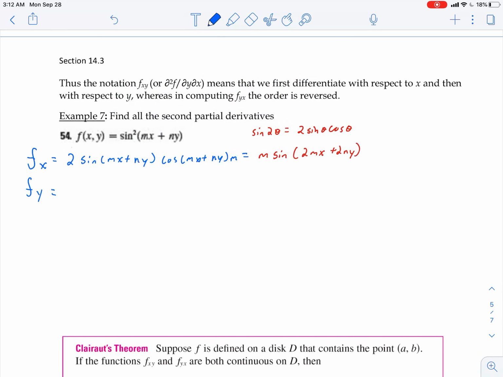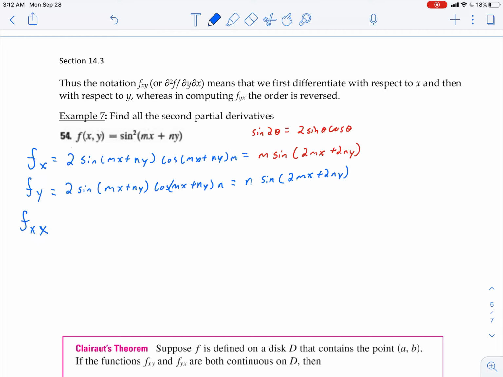I'm able to do that just using the identity, and same thing for the partial of f with respect to y. I'm going to have 2 sine of mx plus ny times cosine of mx plus ny, but times n, and so I'm going to have n sine of 2mx plus 2ny.